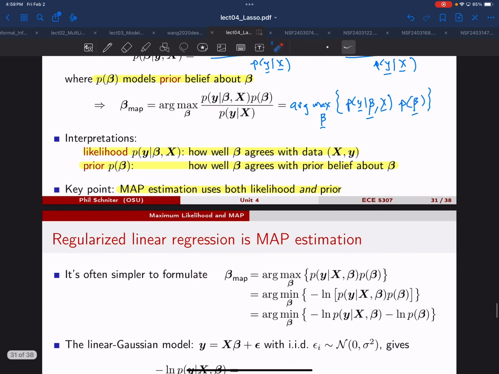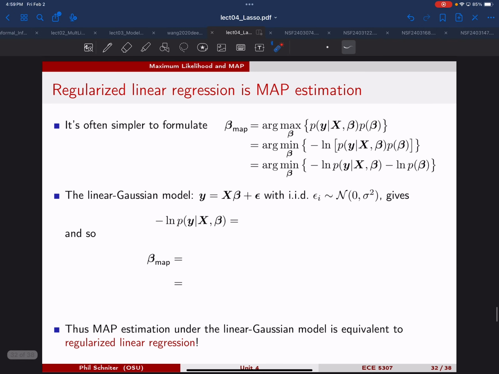All right, so let's now think about how this relates to linear regression. Just as we did with maximum likelihood, we could instead work in the log domain. Here we're maximizing the product of these two. We can sneak in a log of the product. That won't change anything.